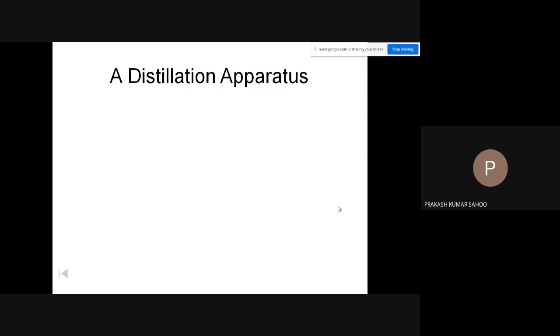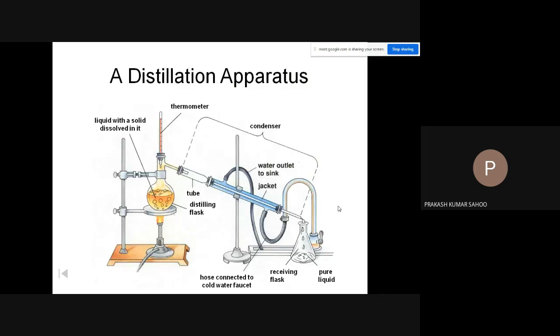Then the next part is the distillation apparatus. This is the distillation apparatus, where the ordinary water, or a mixture of liquid with a solid dissolved in it, is placed. We supply heat by using the burner, and we put a thermometer here to measure the temperature.